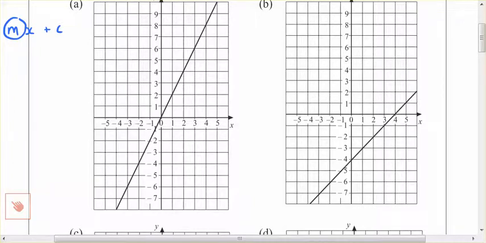So let's just start with the gradient bit first. So this one, we're going to write, it's y equals something x. So what is the gradient of this one? Millie? 2, because we go across and up. So we start with 2x plus or minus something. I'm going to come back to it.